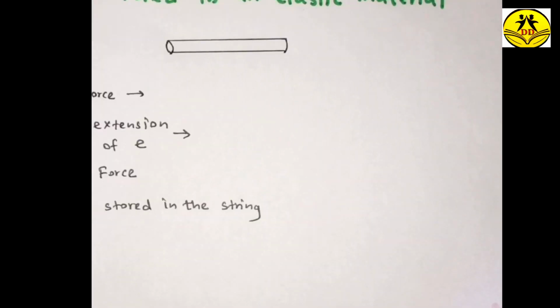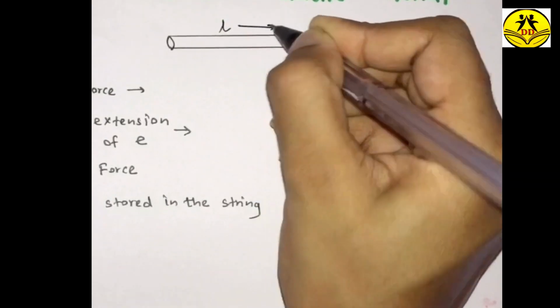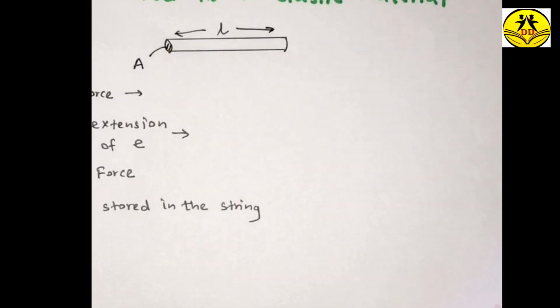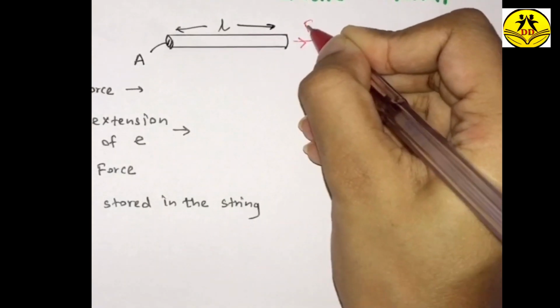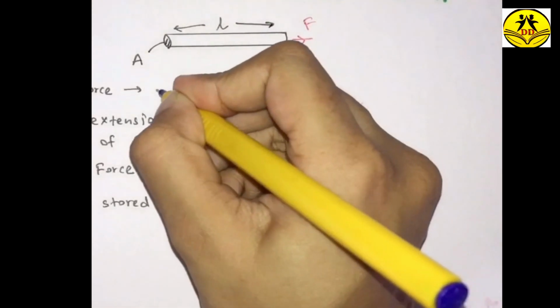How can we calculate the energy stored in an elastic material? If we take an elastic string as an example, having an initial length of L and area of cross section of capital A, and when this string is subjected to a force F, let's say it shows an extension of E. So the initial force exerted on this string is 0.